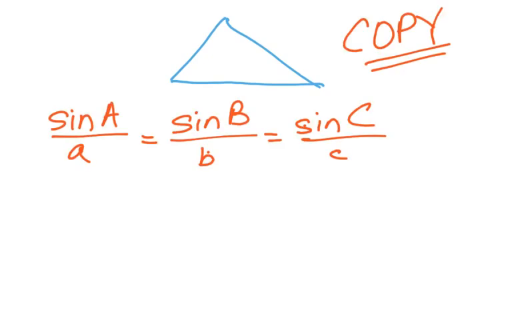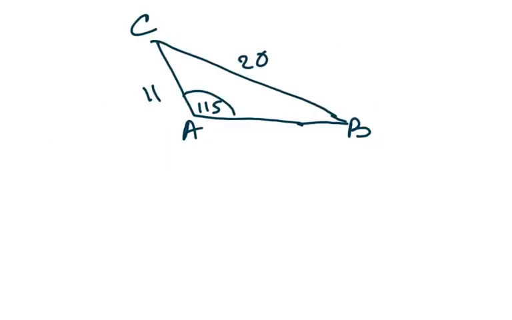These are the three formulas that you might use: the sine of A over the side length little a, or the sine of angle B over little b, or maybe the angle C over little c. So you're going to use one of those to solve this next problem.